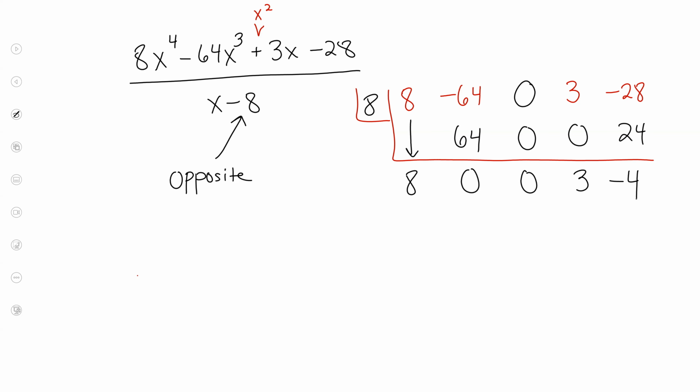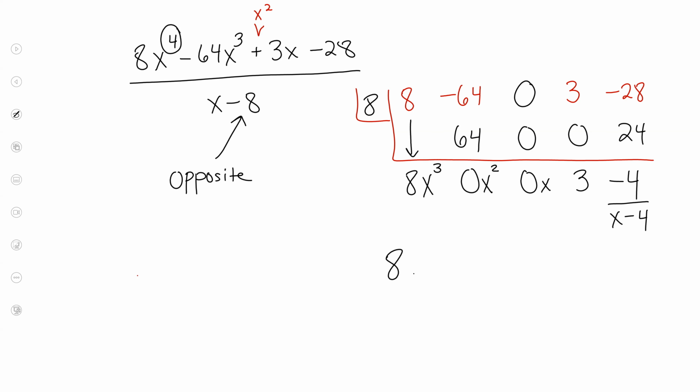All right, let's write our answer. We started off with a 4th degree polynomial. So our answer will be 1 less. So our answer will start off with the x cubed. This is the x squared term. This is the x term. 3 is your constant. Negative 4 is your remainder. So let's write this nice and pretty.